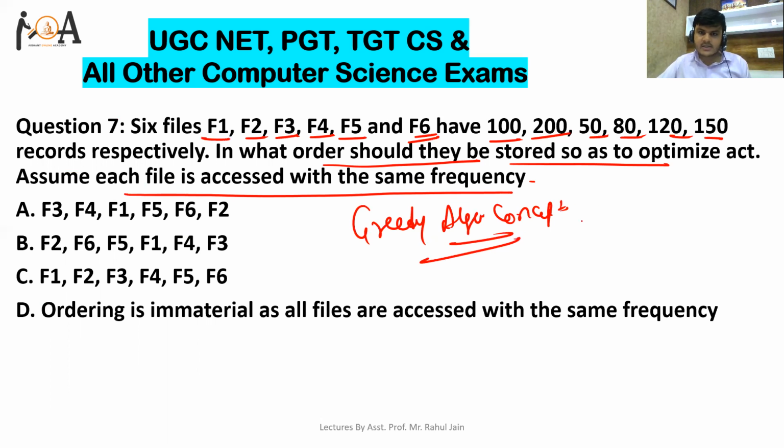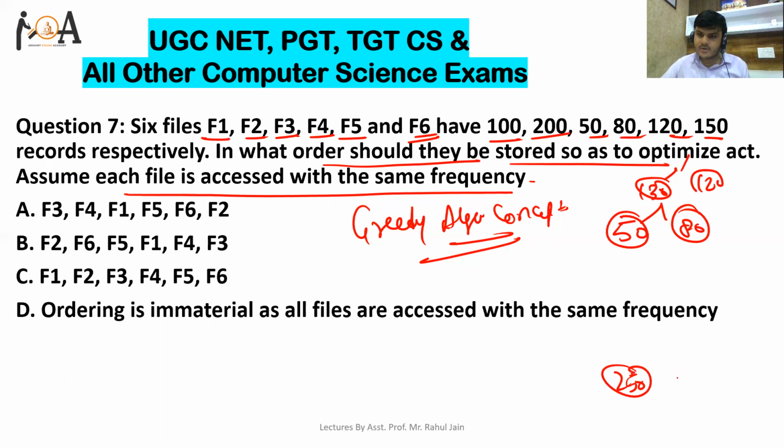According to that, we need to take the smaller file first. That is, 50 would be collected first, then 80. The result would be stored like 80 plus 50, 130 like that. Then we will take 120 and add them, it would give us 250. Then 250 would be added with 150, then it would give 400.